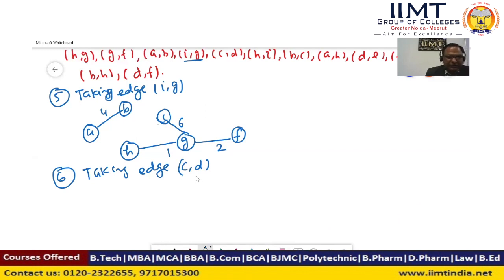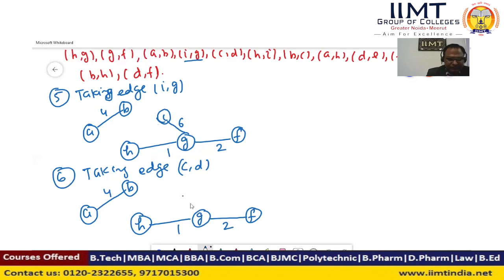No, it will not create a cycle, but it will create another component. What we have got till now: this is my A, this is my B, this component H, G, F, 2, I, that is 6, and C comma D. So C is here and D. You can see that in this step we have 3 connected components.